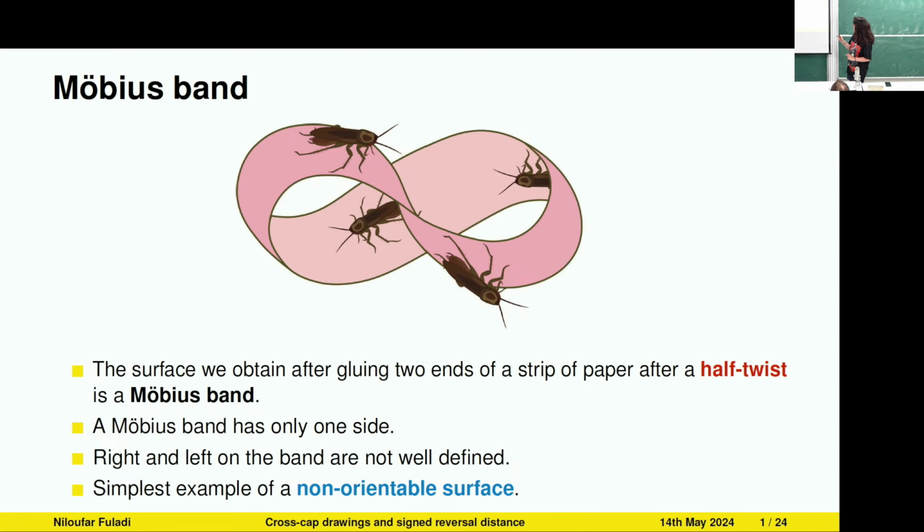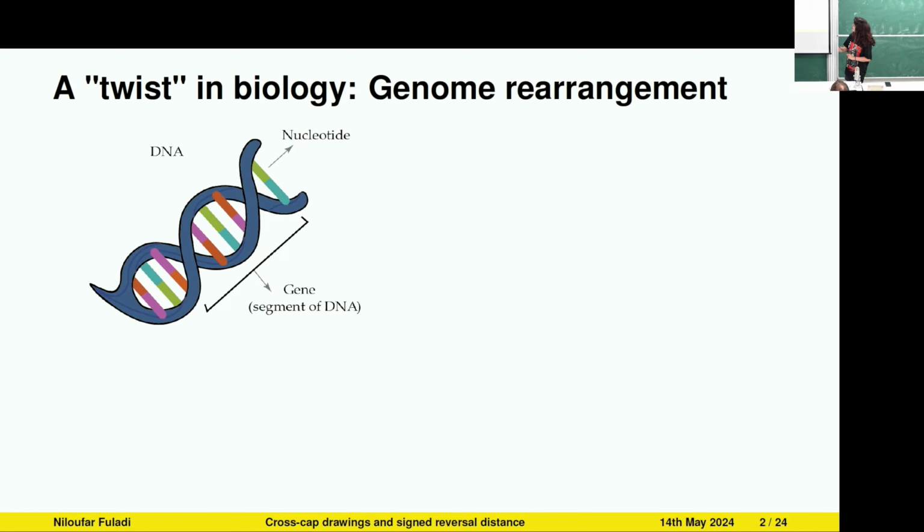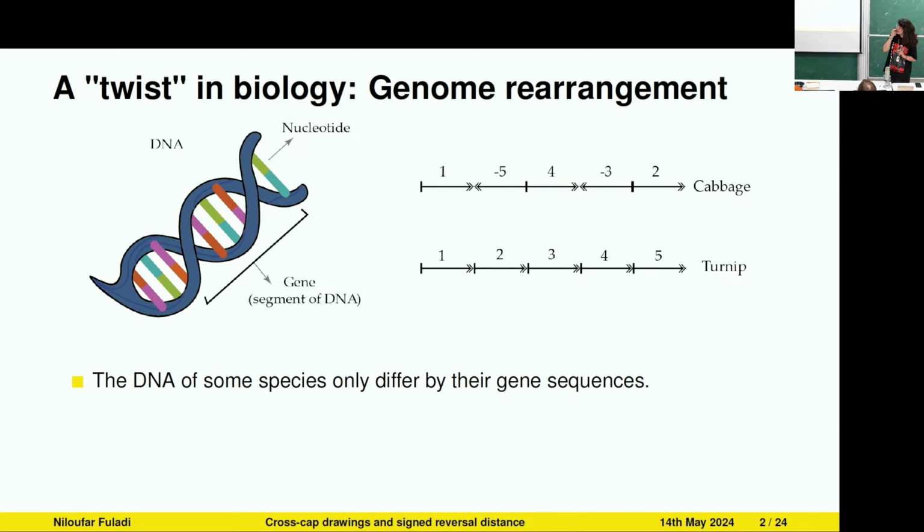Now let me tell you about a similar twist in biology, in genome rearrangements, to be more specific. You know that DNA is something like this. It's made of nucleotides, and segments of DNA are called genes. Now, in the 20th century, biologists discovered something quite nice.